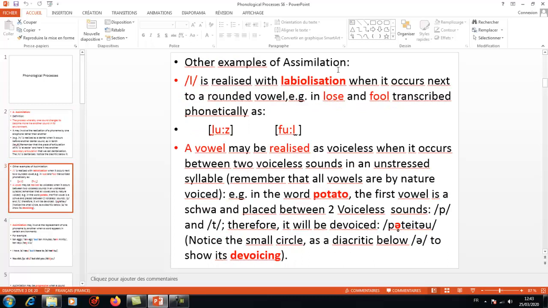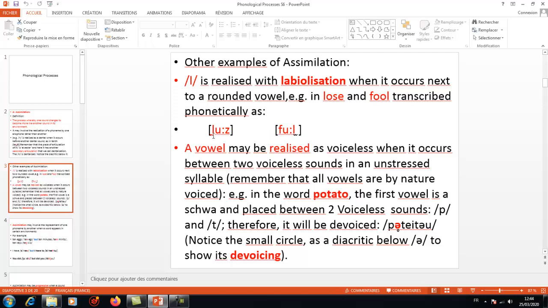Other examples of assimilation, we can talk about L. We know, as we said before, L can be pronounced in different ways in English. And one of these different ways, or what we call realizations, is the labialized L. So L is realized with labialization when it occurs next to a rounded vowel. For example, in lose and fool, transcribed phonetically here.